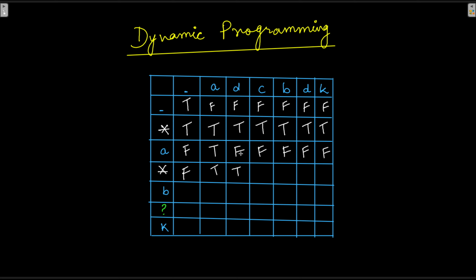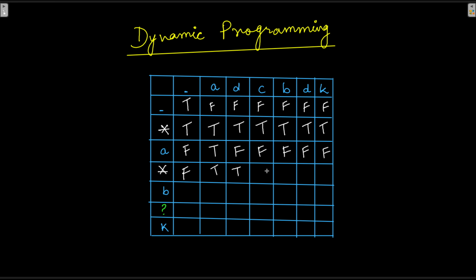If that is not a match, then asterisk can take the shape of D, only D. And if it is taking a shape of only D, then we are going to check A against asterisk A, and that is T. That's true. If that is true, then we can write T here as well. So this is T.